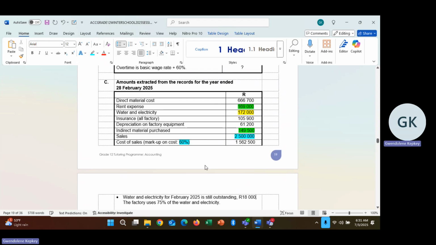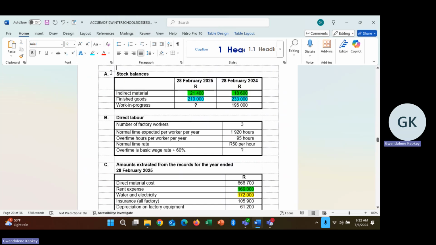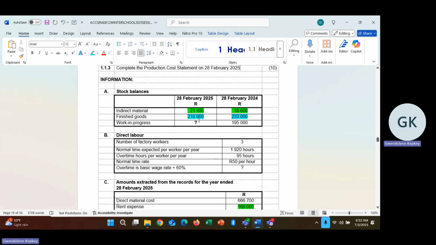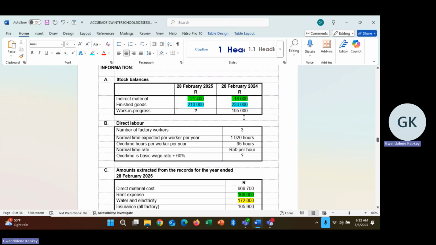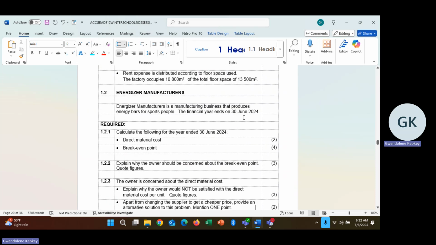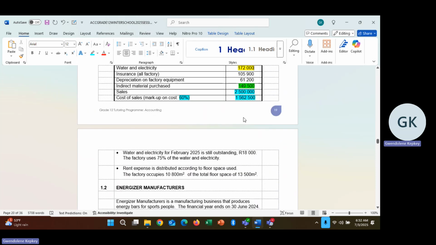Cost of sales, okay? So those three amounts I'm going to use to get what I need to put in there. So let's quickly go. My finished goods at the end of the previous year, as well as my cost of sales. The amount of my cost of sales is 1,562,500 Rand.